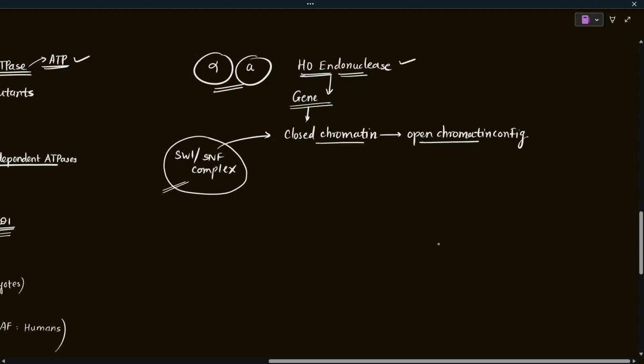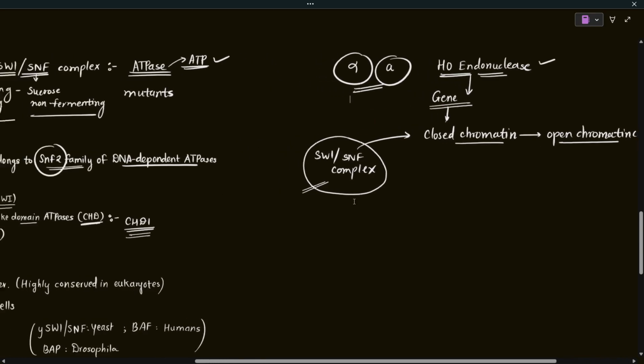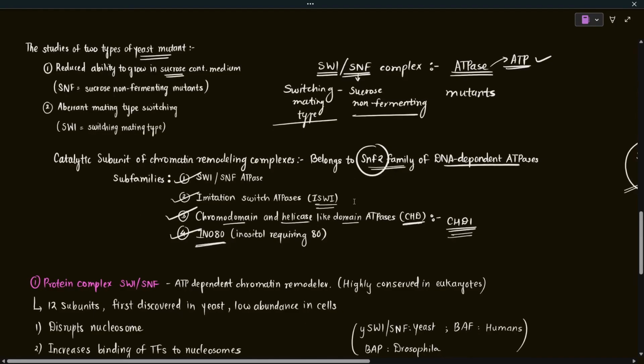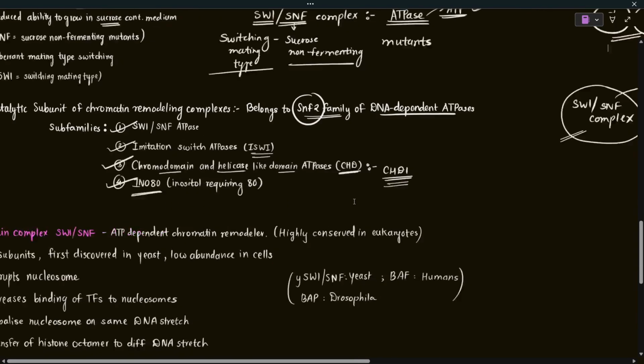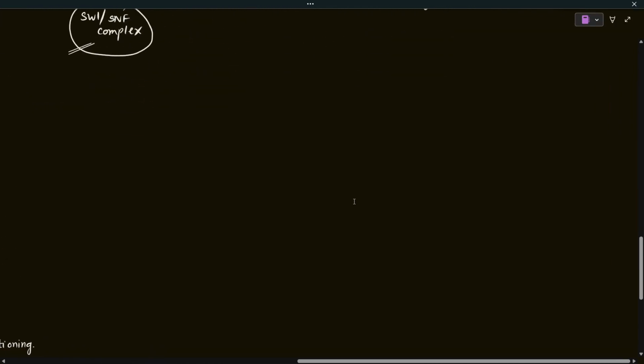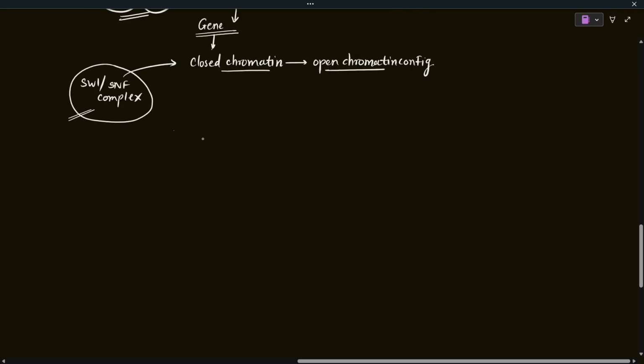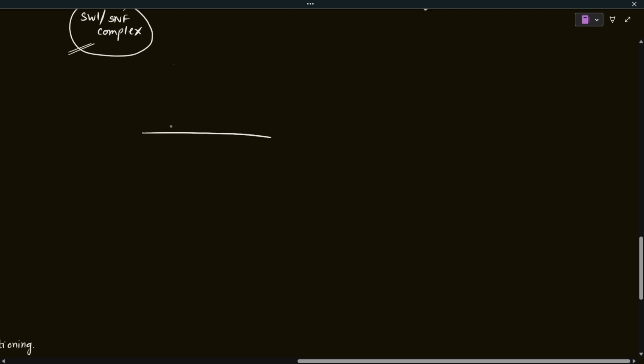The mechanism by which the SWI-SNF complex works is different. So let's have a look at the mechanism first. The possible mechanism which was suggested was something like this.